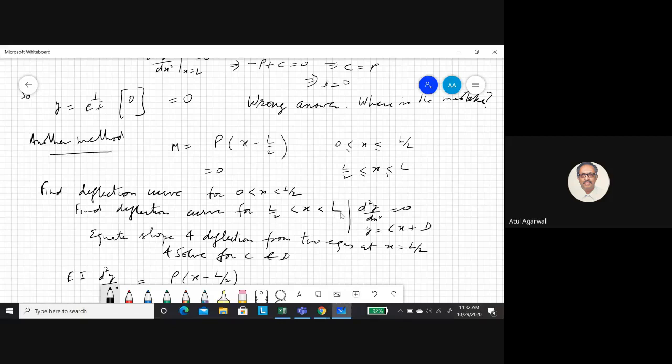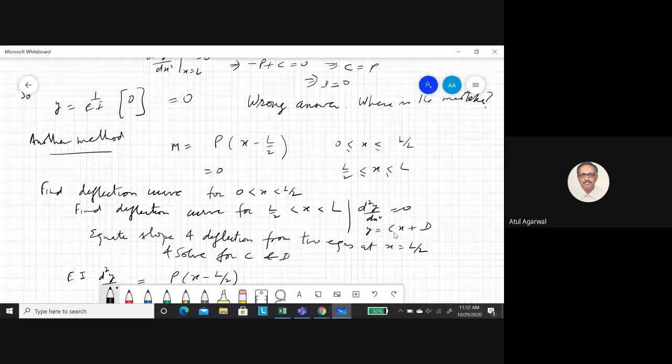For this part, since M is equal to 0 means the second derivative is 0, so y has to be some linear polynomial, Cx plus D. So we have to find deflection curve from both the parts and equate the slope and deflection at x equal to L by 2. And that will give us the value of C and D.